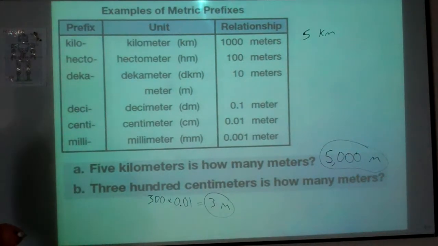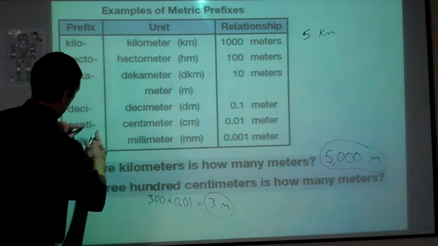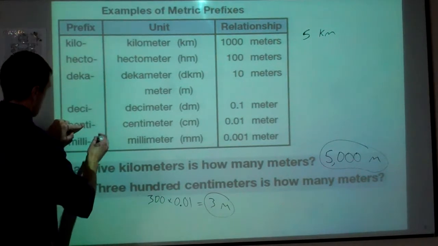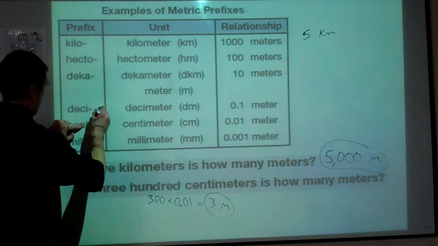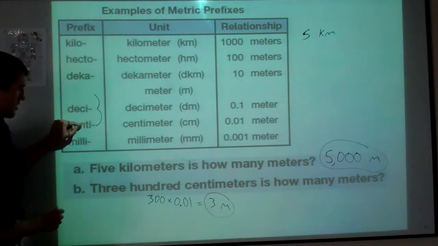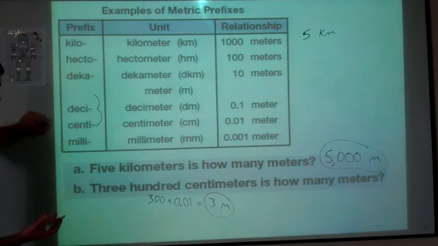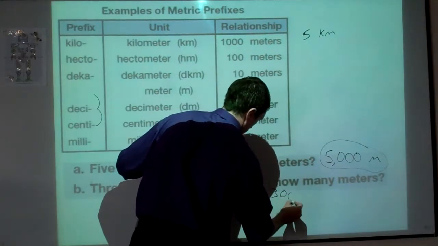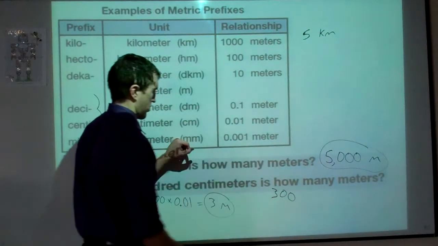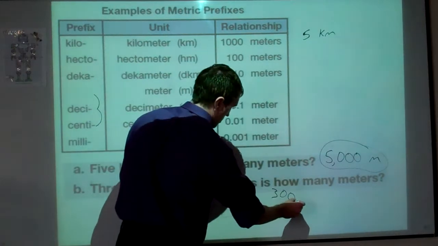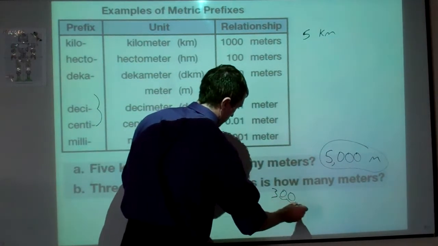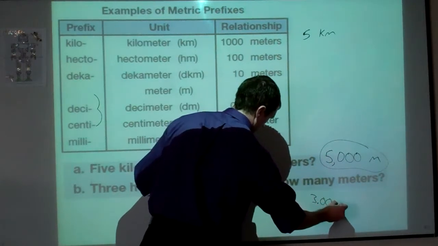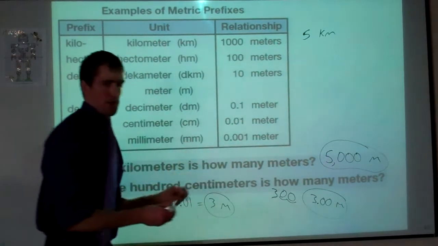So 300 centimeters, we'll start here, and they want to know how many meters that is. So we're going to go 1, 2 to get to meters. That means we're going to move our decimal spot, which is right here, but we're going to go to the left this time. 1, 2. So we still get 3 meters. 3.00 meters.